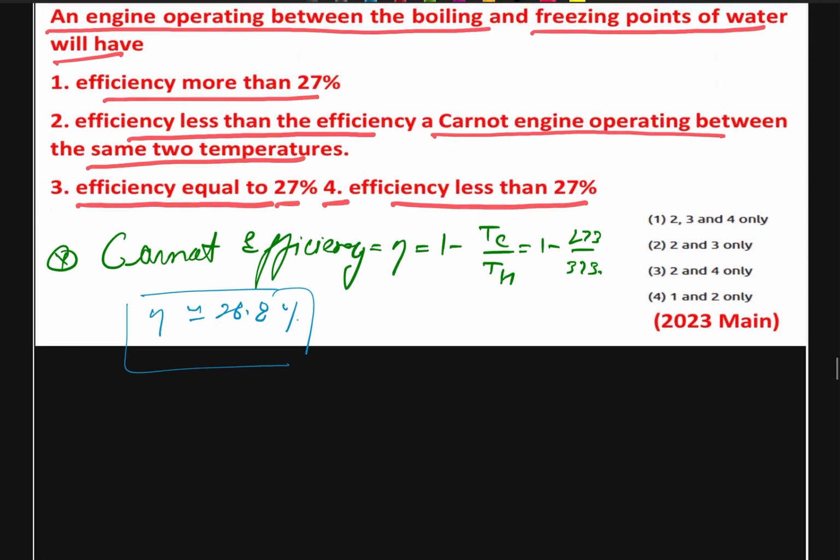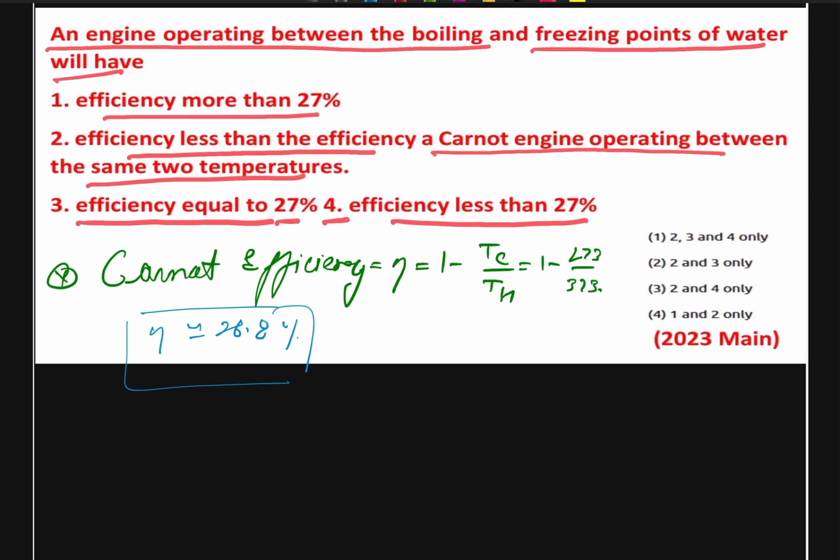It says that efficiency is more than 27%, so this option is incorrect. Efficiency is less than the efficiency of Carnot engine, and this will be true for every non-Carnot engine.